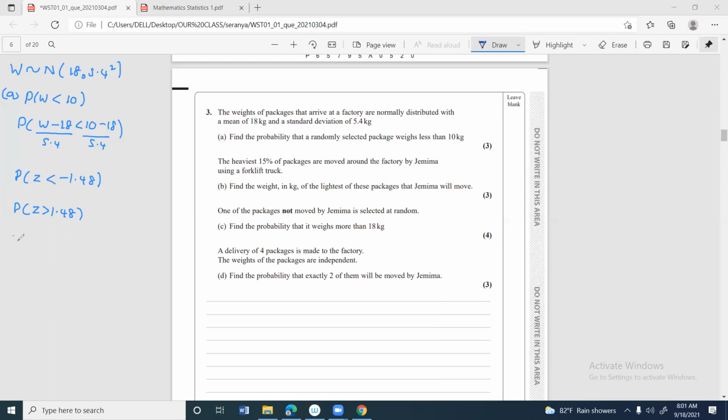Then for the greater probability you can get 1 minus the probability of Z is less than 1.48.